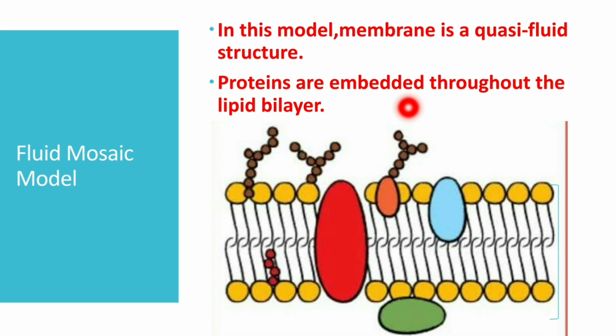Proteins are embedded throughout the lipid bilayer. See this diagram. This is the lipid bilayer, and the proteins are embedded throughout it. This red color, this orange color, this sky color, these are the proteins, and this is the lipid bilayer.